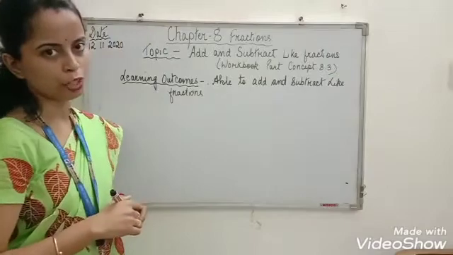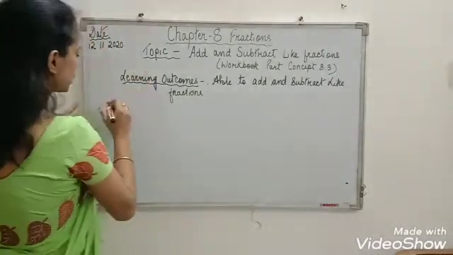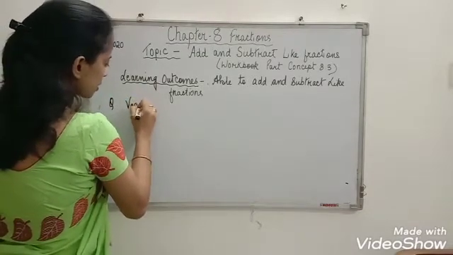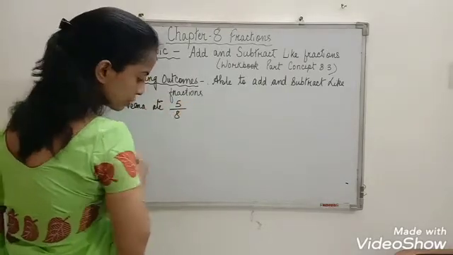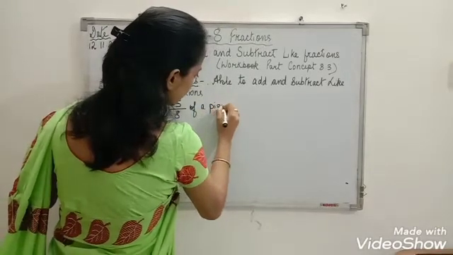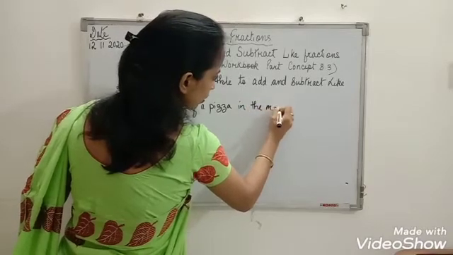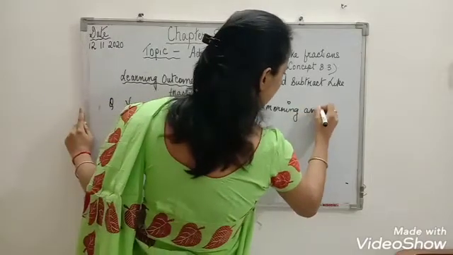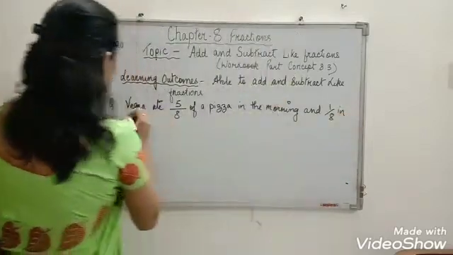I have a question for you all. Alright, so let's write. Question is, Veena ate 5/8 of a pizza in the morning and 1/8 in the evening.